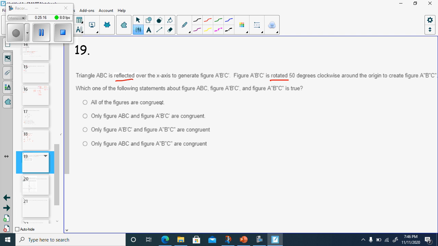Which of the following statements about this first triangle and the last triangle are true? Well, we had a reflection and a rotation, so all of those are congruence transformations. So all of the figures are congruent, right?